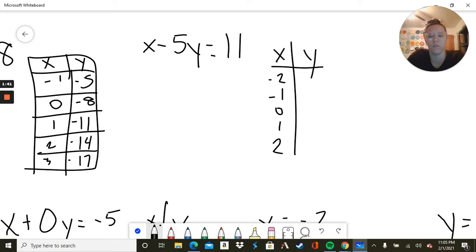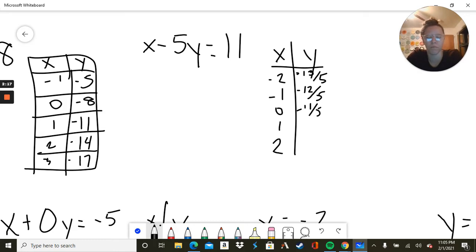So negative 2 added to 11 is going to be 13, divided by negative 5 is going to be negative 13 over 5. Okay, that's a negative. Bad one. Negative 1 added to 11 is going to be 12, divided by negative 5, negative 12 over 5. 0, you don't do anything, so 11 divided by negative 5.